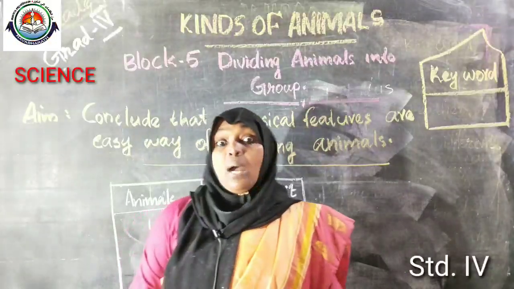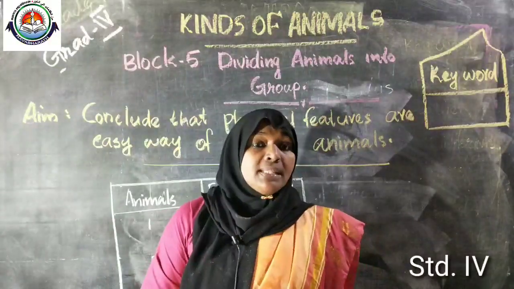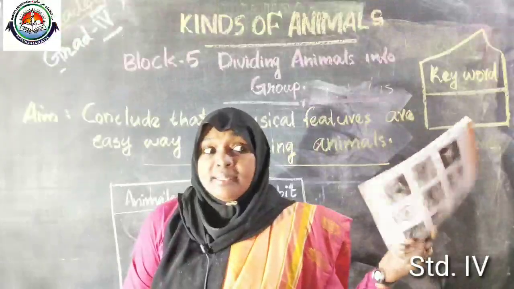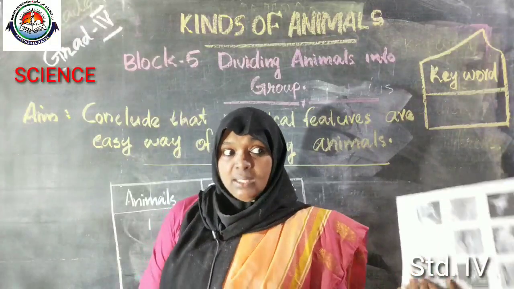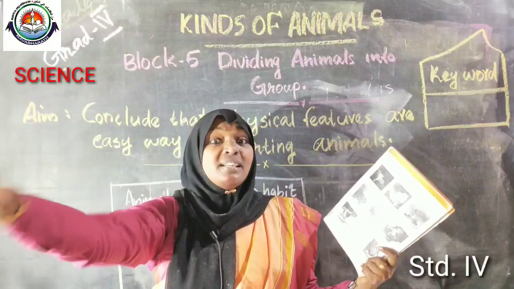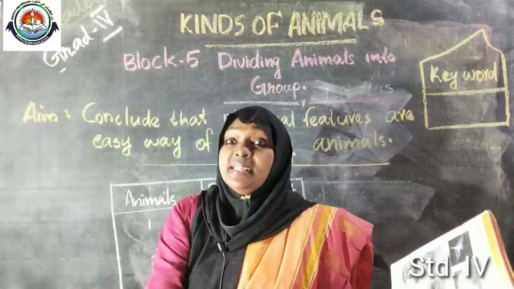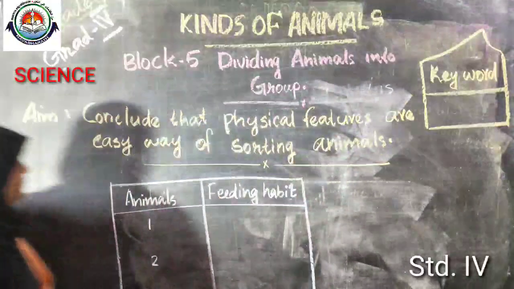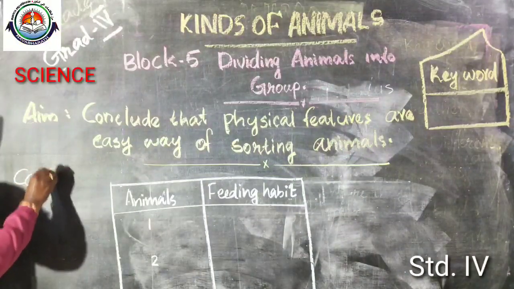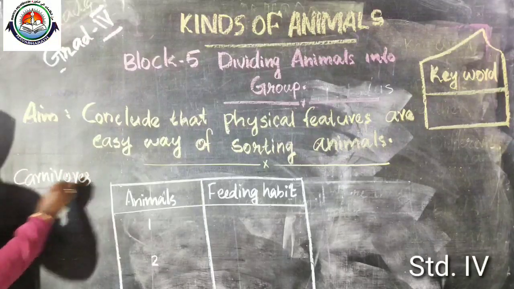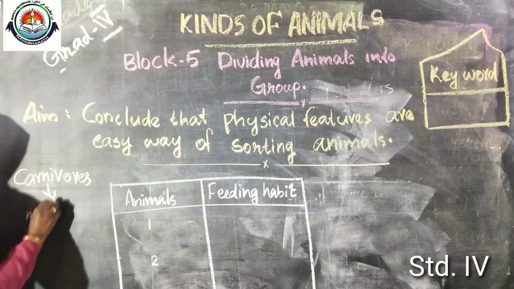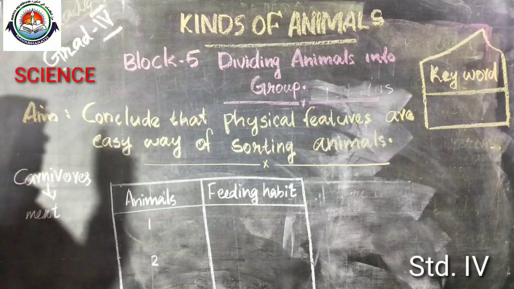Then how can we classify the animals based on their feeding habits? Have you studied this in 3rd standard? 3 types of animals? Yes, what is that? Carnivores, herbivores and omnivores. Carnivores, they eat? Yes, meat only. The next one, herbivores.